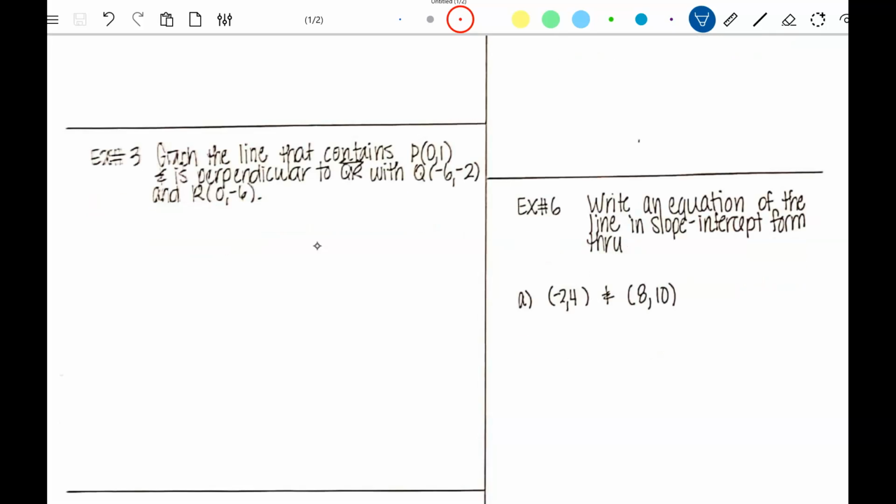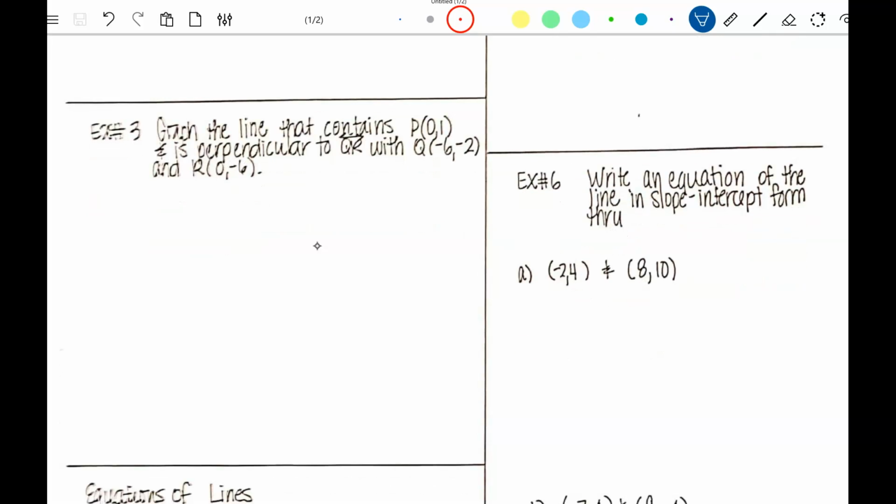Okay, example number 3 says graph the line that contains 0, 1 and is perpendicular to line QR with Q as -6, -2 and R 0, -6. Okay, so first of all, I need to find out the slope of QR.